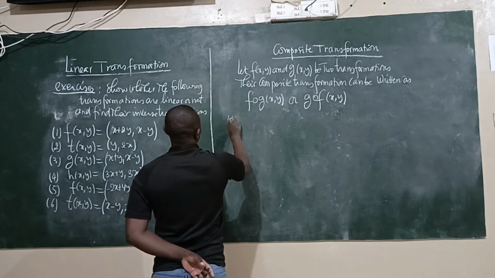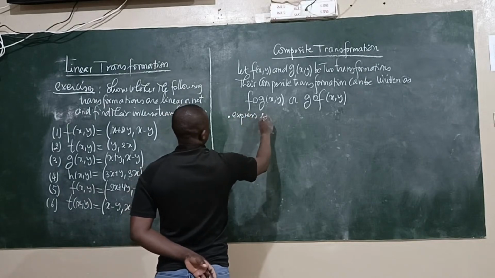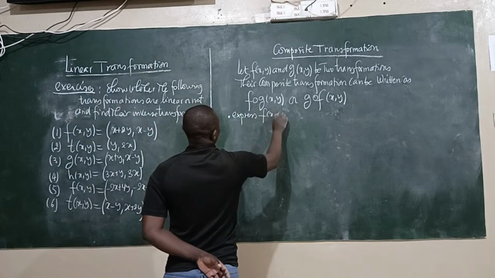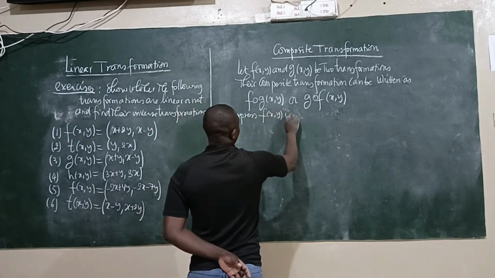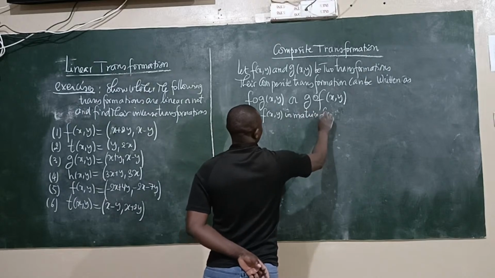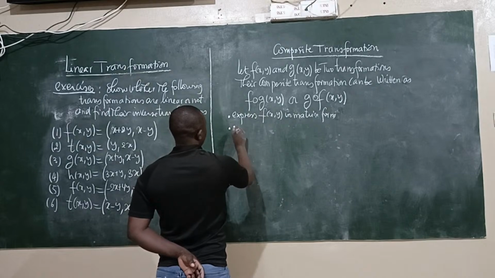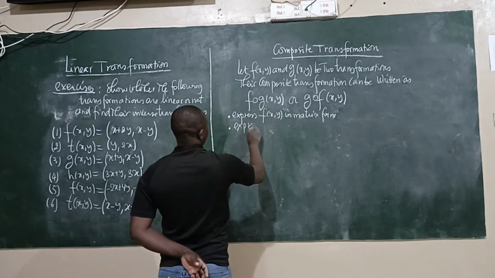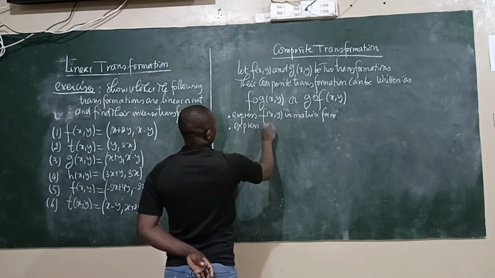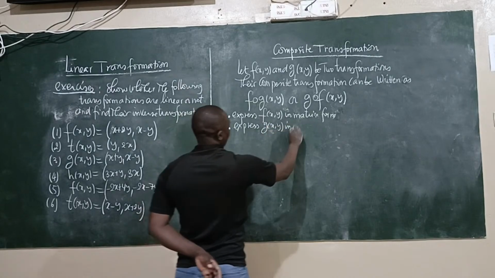Step 1, express f(x, y) in matrix form. Again, express g(x, y) in matrix form.